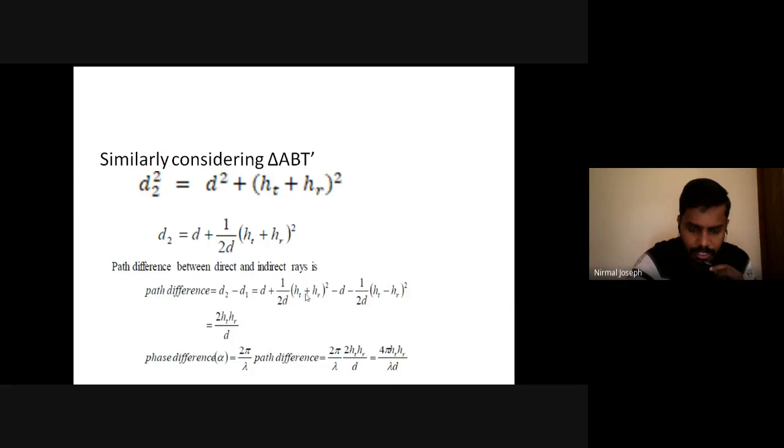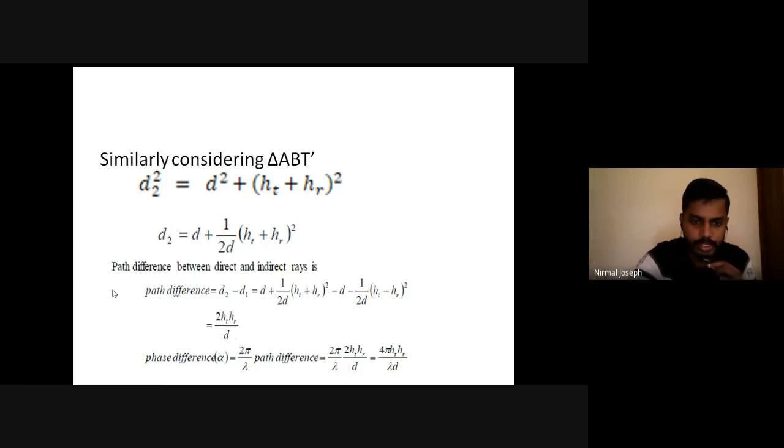And here, since it is ht minus hr, the expansion will give a term minus 2ht hr. That term is negative here, and that negative multiplied with this negative will become positive. So those two terms will add together and all other terms will get cancelled. So our path difference we will get as 2ht hr by d, 2ht hr divided by d.